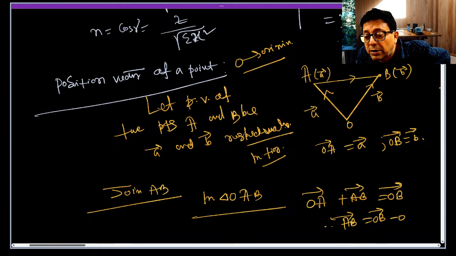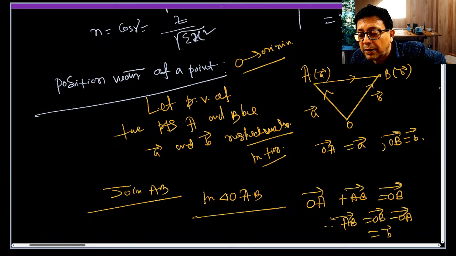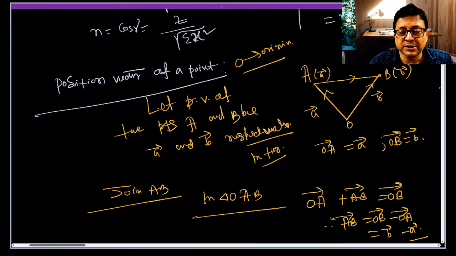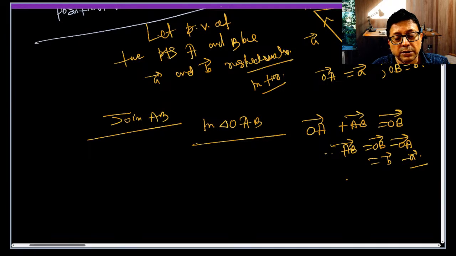So AB is what? OB minus OA, b minus a. Therefore, AB vector we got is b minus a.